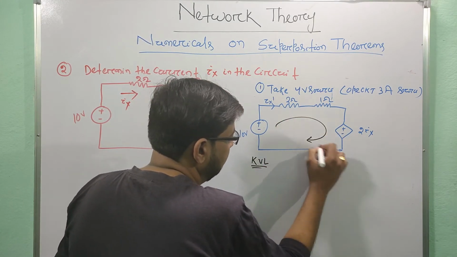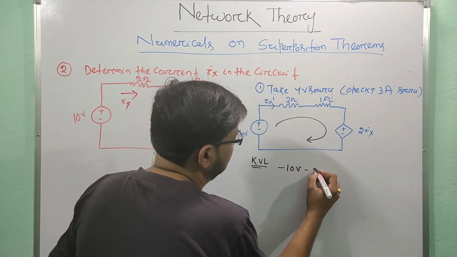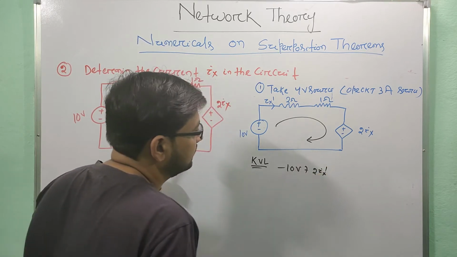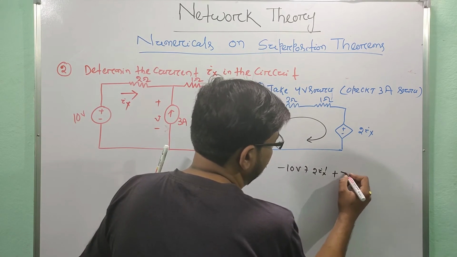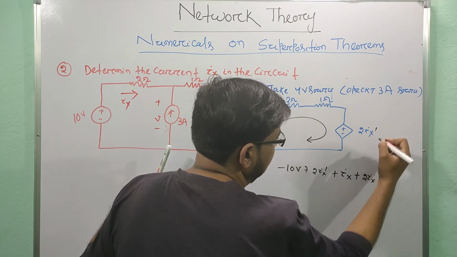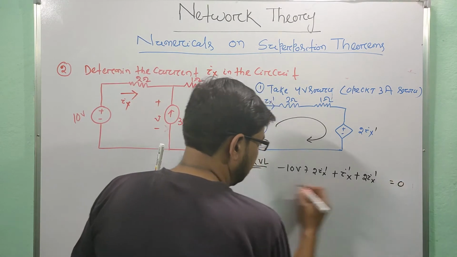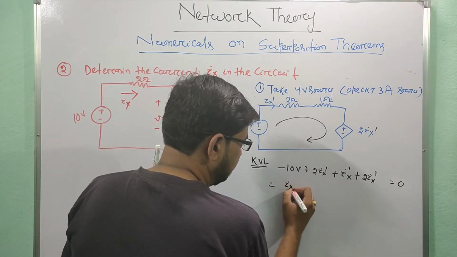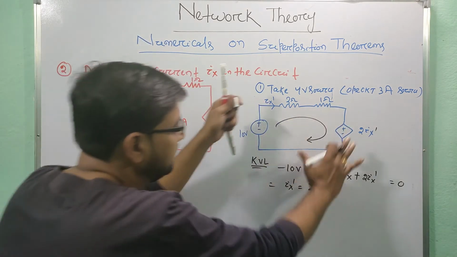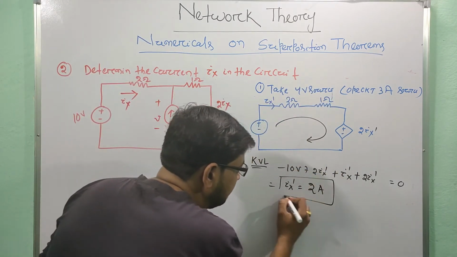Minus 10 volt plus 2Ix dash plus Ix dash plus 2Ix dash is equal to 0. So Ix dash is equal to 2 ampere, by applying KVL in this loop.